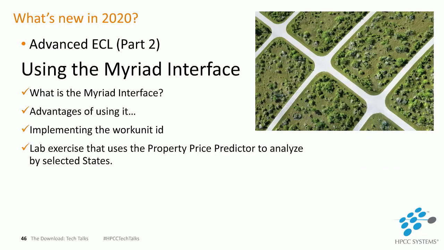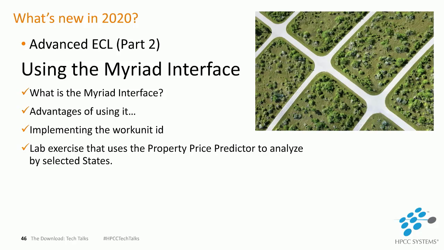Another new lesson that's out there and ready to go is the Myriad interface. Essentially, the Myriad interface is an interface that's used among all bundles to give you consistency and the ability to divide jobs so a single model can work on different sets of data.